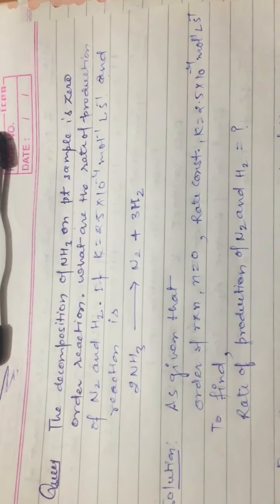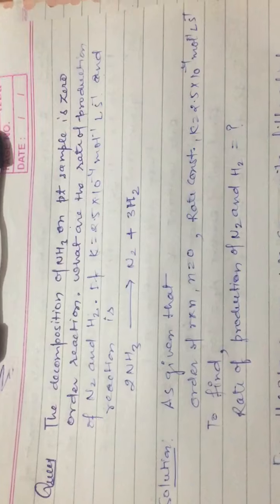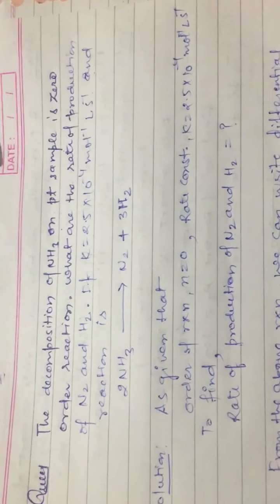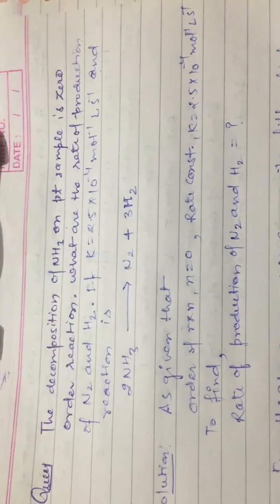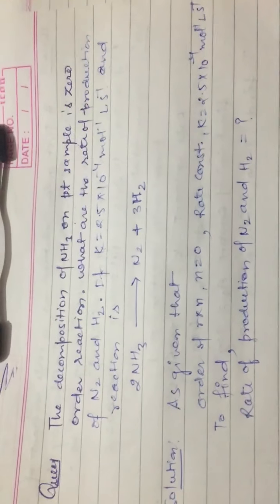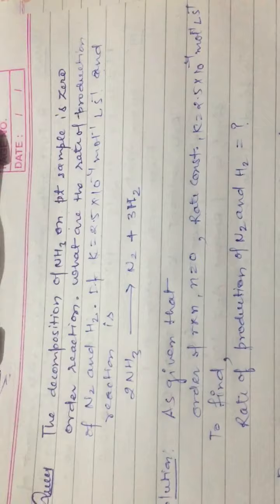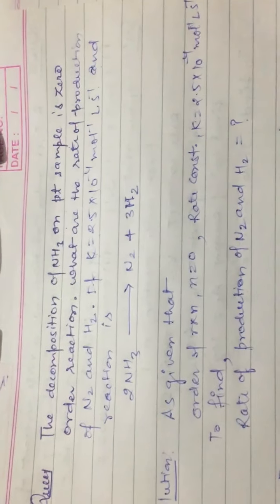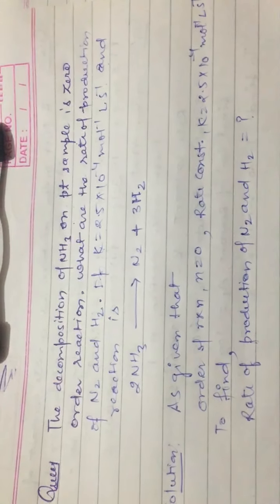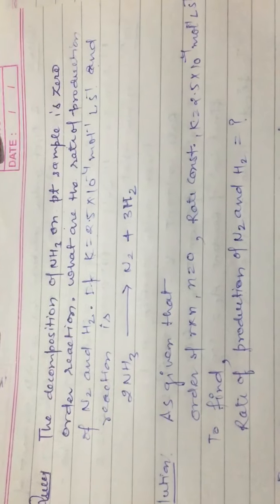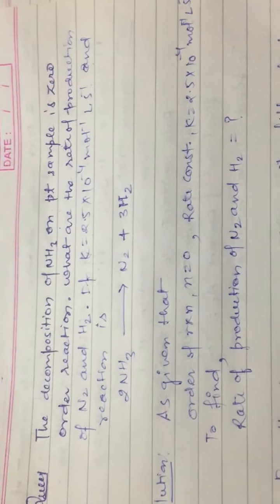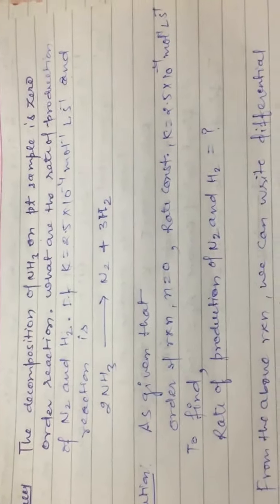So basically the question is saying that the decomposition of ammonia on a platinum surface is a zero order reaction, and the reaction is given in the question, and the rate constant for the reaction is also given, then we have to identify the rate of production of nitrogen and hydrogen in the reaction.